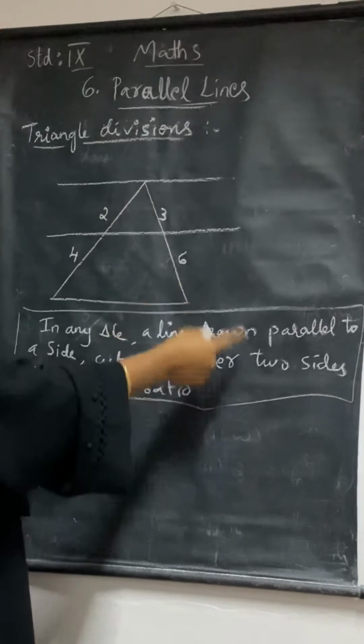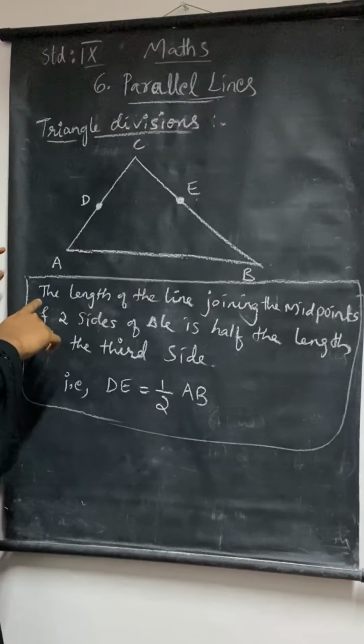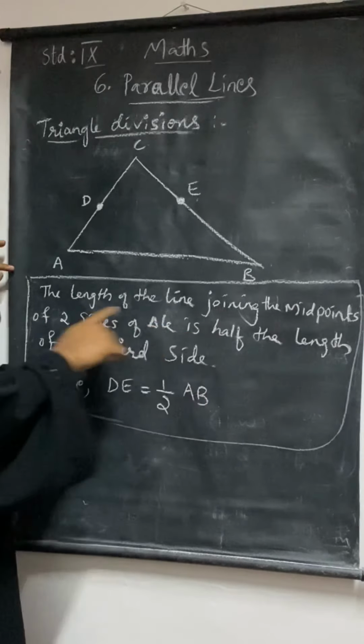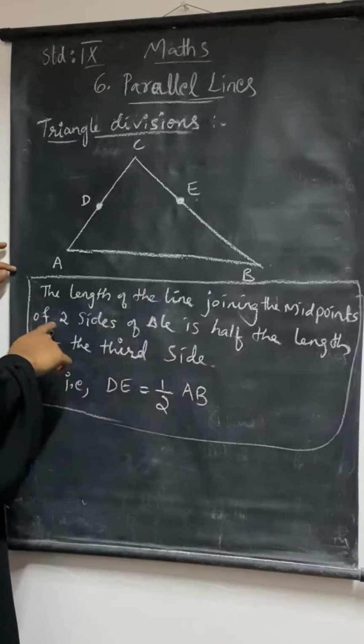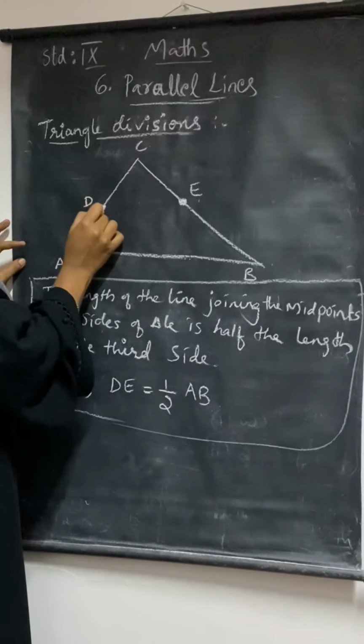Another concept of triangle division: you have a triangle here. What are they saying? The length of the line joining the midpoints of two sides of a triangle is half the length of the third side. Which means what? You have a triangle here. One parallel line is passing through the midpoints of the other two sides, which I marked here.